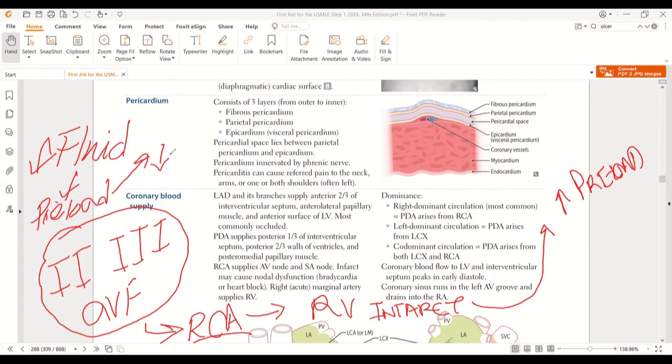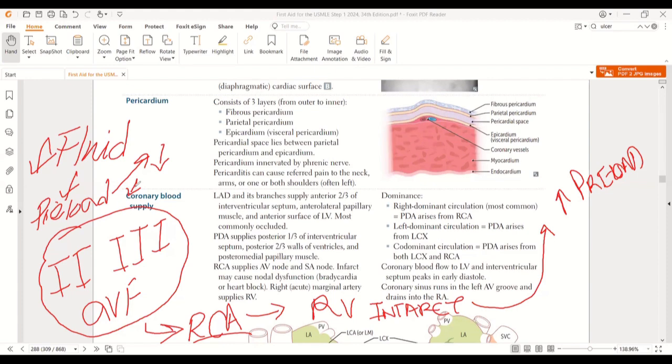Decrease oxygen demand, decrease work of the heart. But in this case, so we give nitrate. Nitrate decreases preload, right? Yes, nitrates' main effect is venodilation. So the preload is decreased by nitrate.